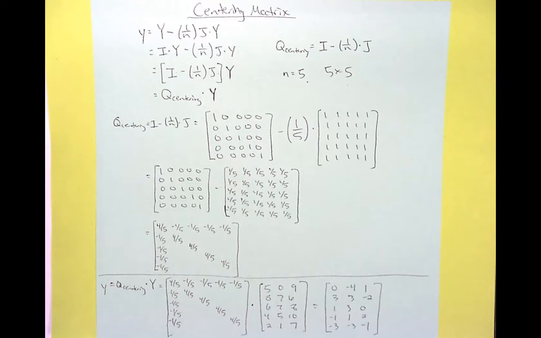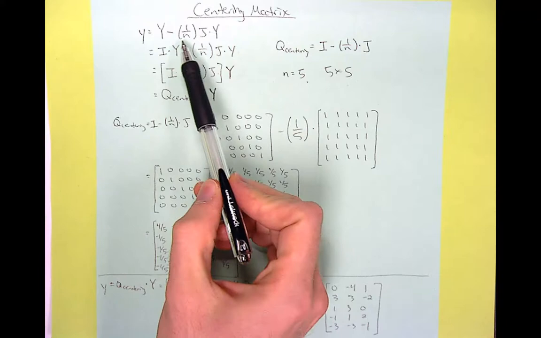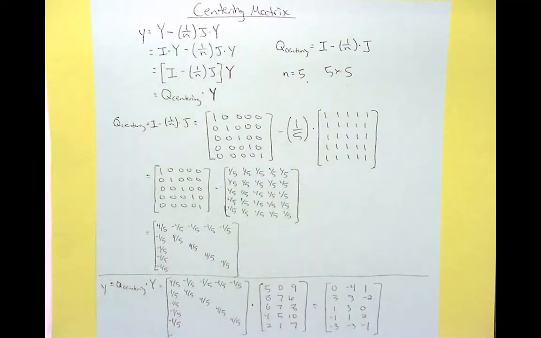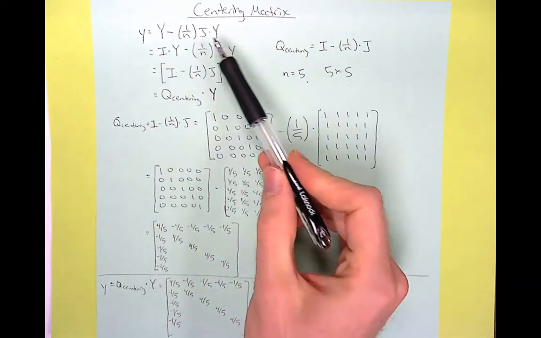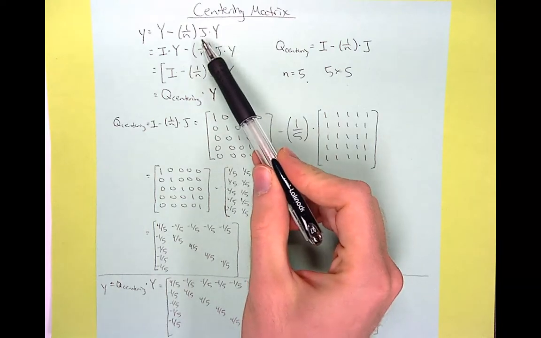So if you notice, this is actually the same result that we got in video 3.15, where we did this equation up here. So we did obtain a matrix of deviation scores from a matrix of raw scores using this J matrix.